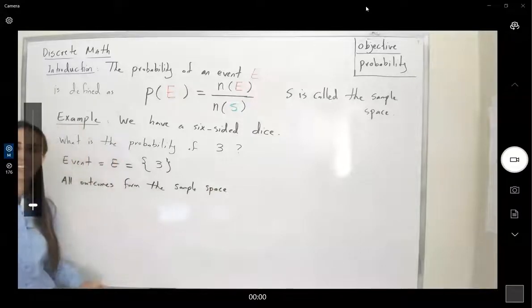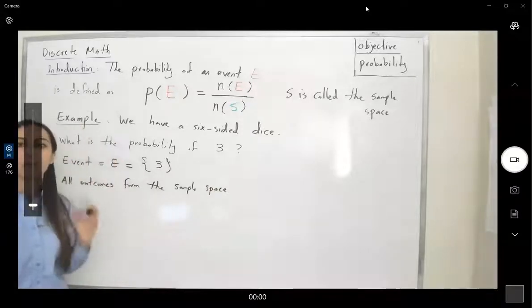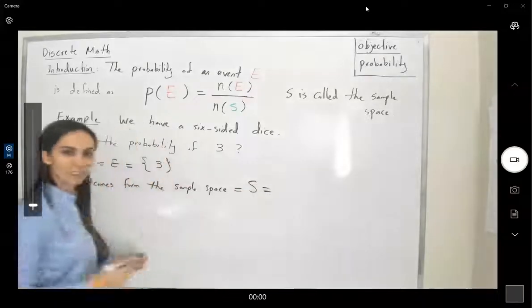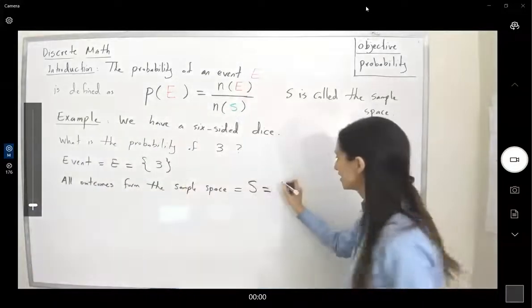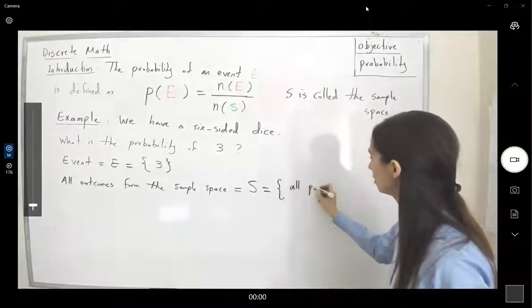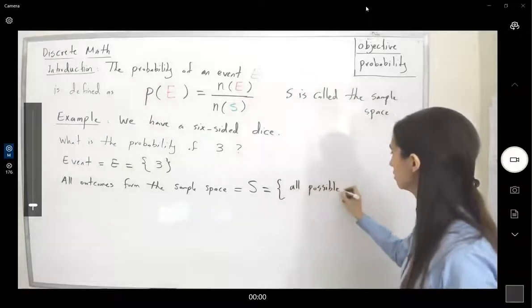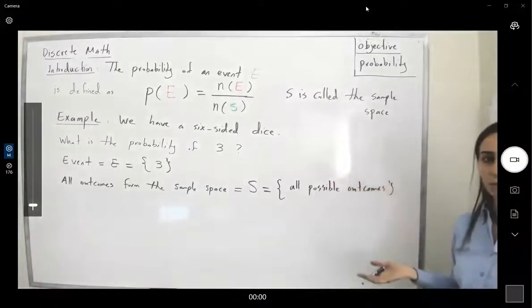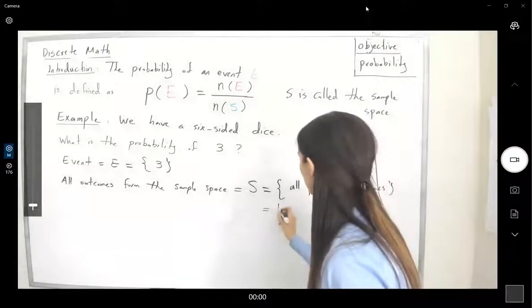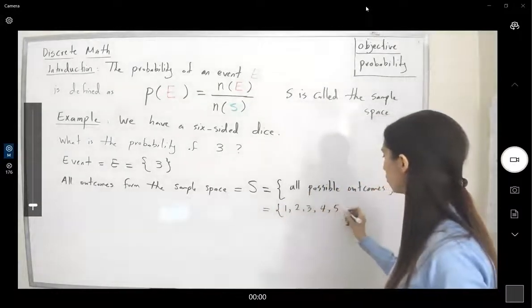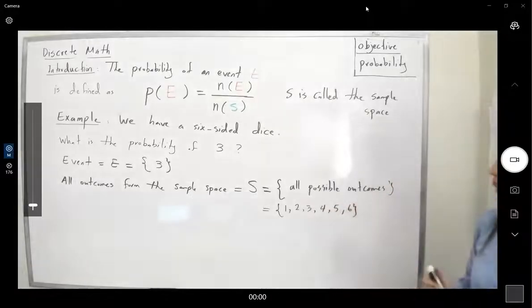Sample space is the collection of all possible outcomes. This is denoted by S, which is equal to the set of all possible outcomes. Well, what are the possible outcomes? This can be 1 or 2 or 3 or 4 or 5 or 6.